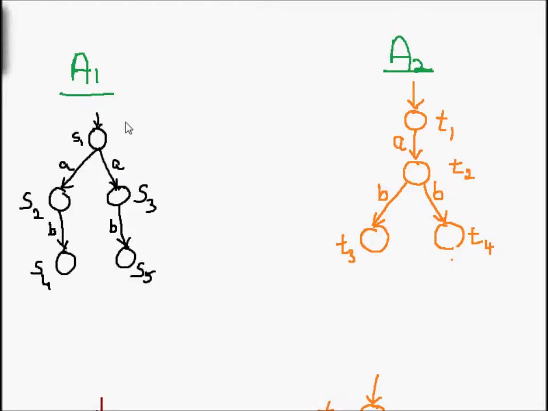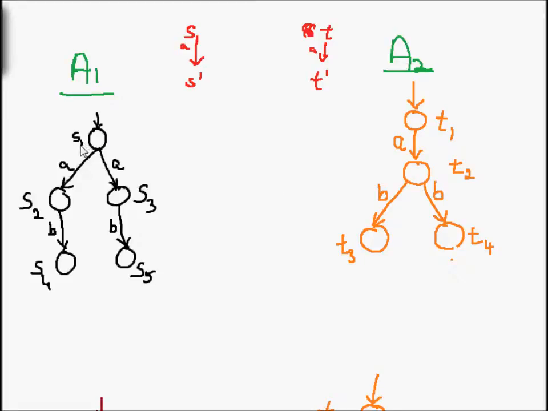Now let us consider with the given rule that if there is a transition from S to S dash with the A, then I should find the same transition from T to T dash. For S1 and T1 to have a bisimulation relation, I should check the outgoing transitions, that is the actions it performs to go to the other state.